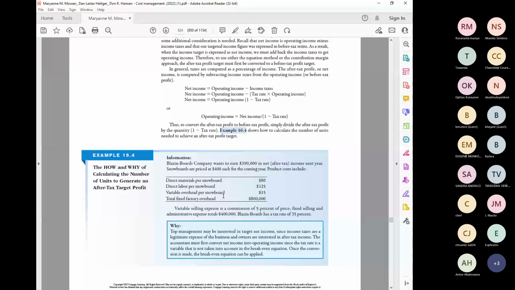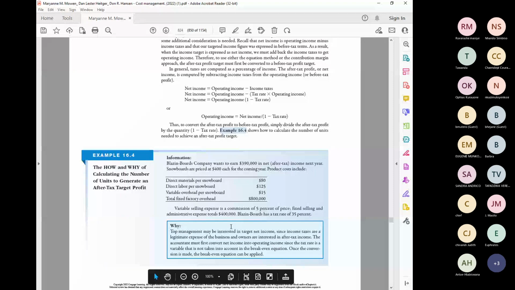Total fixed factory overhead is $800,000. Variable selling expenses are a commission of 5% of price. Fixed selling and administrative expense totals 400,000. Blazin Boards has a tax rate of 35%.